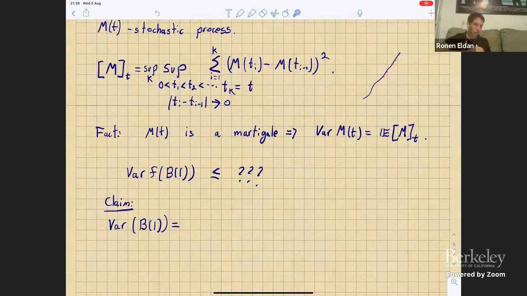So the only thing that's going to matter here is going to be the jumps.